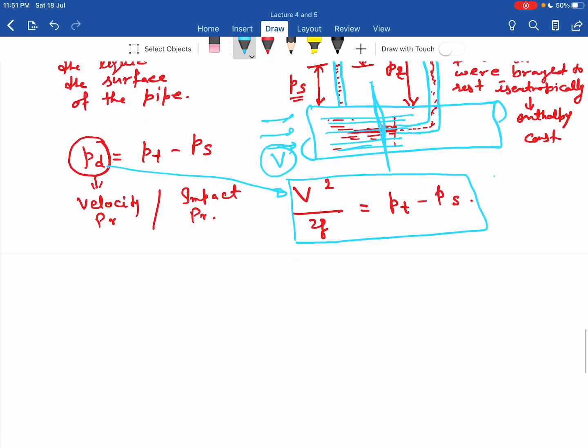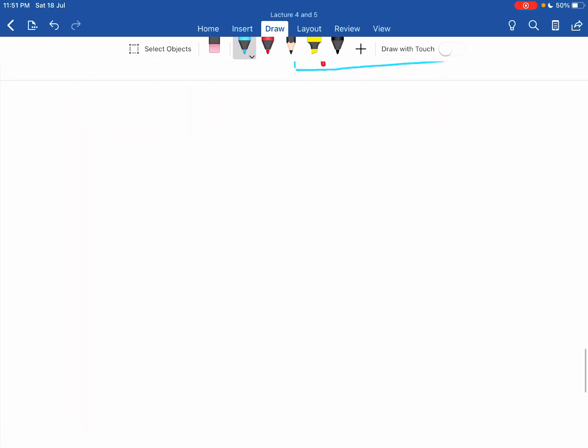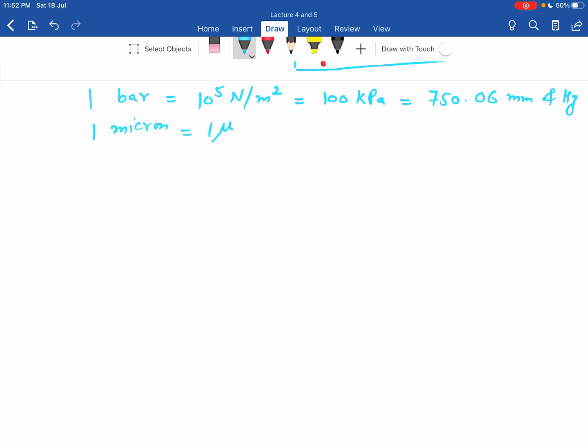Now we have some pressure units and their conversion relations. One pressure unit we have is 1 bar, which is equal to 10 raised to power 5 Newton per meter square, or equal to 100 kilopascal, or equal to 750.06 mm of Hg. Another unit for pressure is 1 micron, which is equal to 10 raised to power minus 3 mm of Hg.